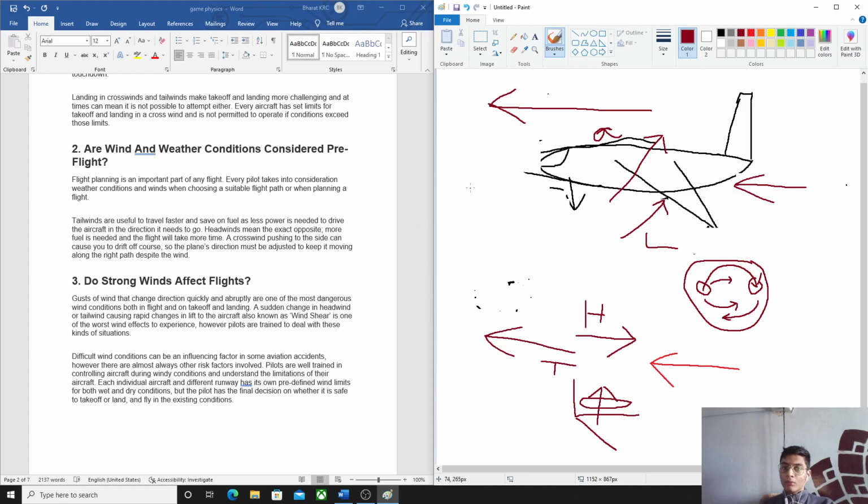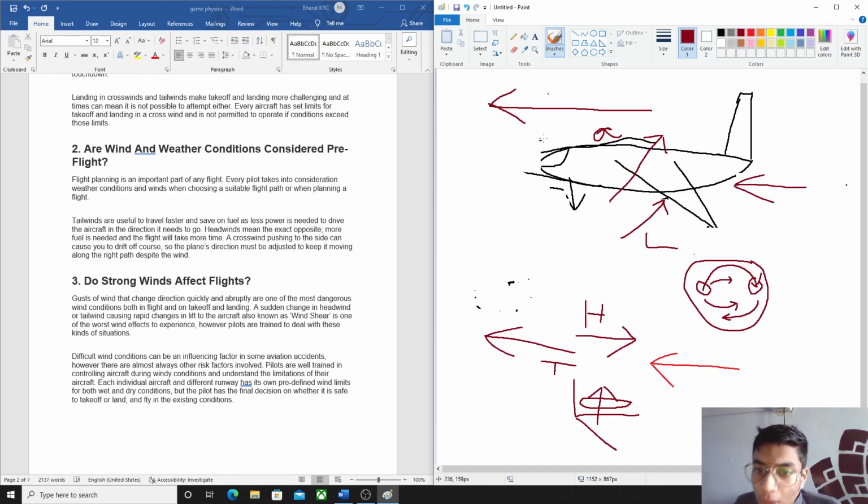However, most pilots are trained to deal with this kind of situation. Sometimes a difficult wind condition can cause some aviation accidents, but most of the time there are other factors involved. Pilots are well trained in controlling the aircraft.